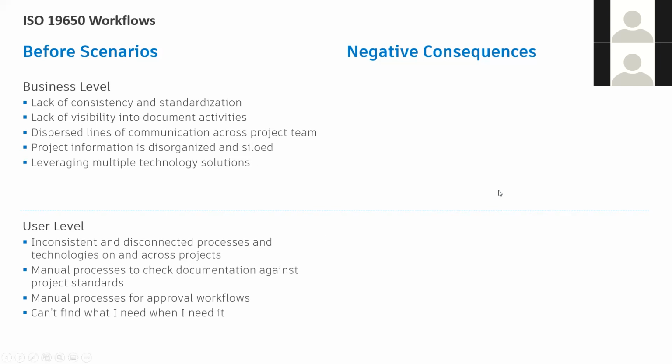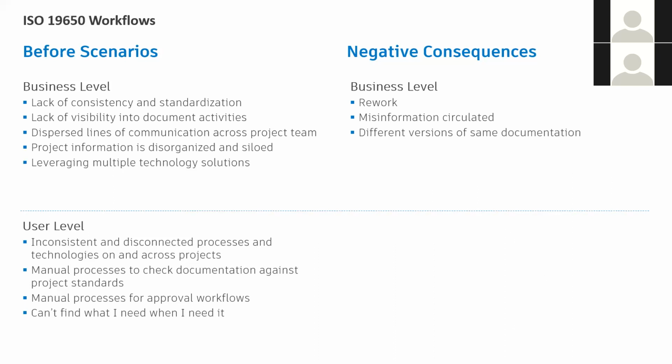And then at a user level, you can't find what you need when you need it. We've all been there looking for the latest file. Have I got the most up-to-date architectural or structural drawing to work from to make my design coordinate as well? And then obviously this has negative consequences: reworking, misinformation going around, different versions of the same documentation, as I said already.